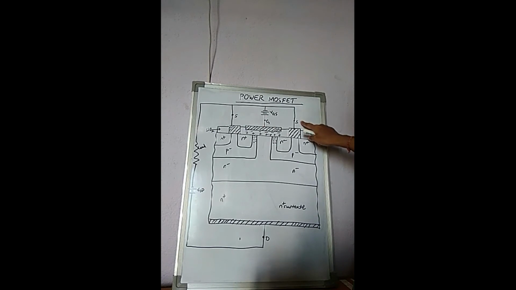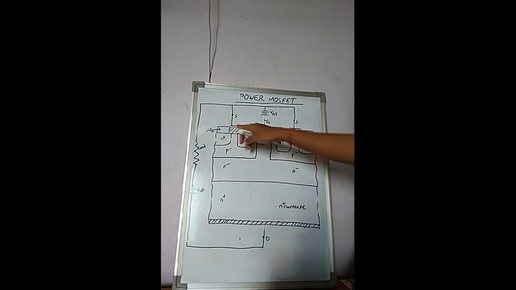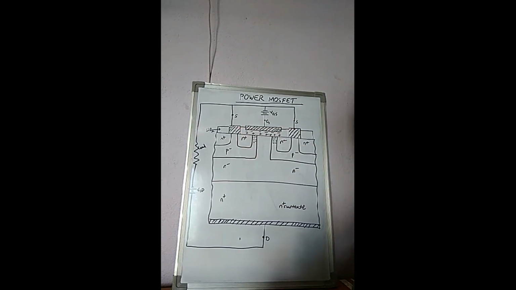Here the source terminal is connected with the n plus and p minus through this metallic surface, and here also the source terminal is connected with the n plus and p minus layer through the metallic surface. The metallic layers are embedded which form the source terminal and gate terminal.